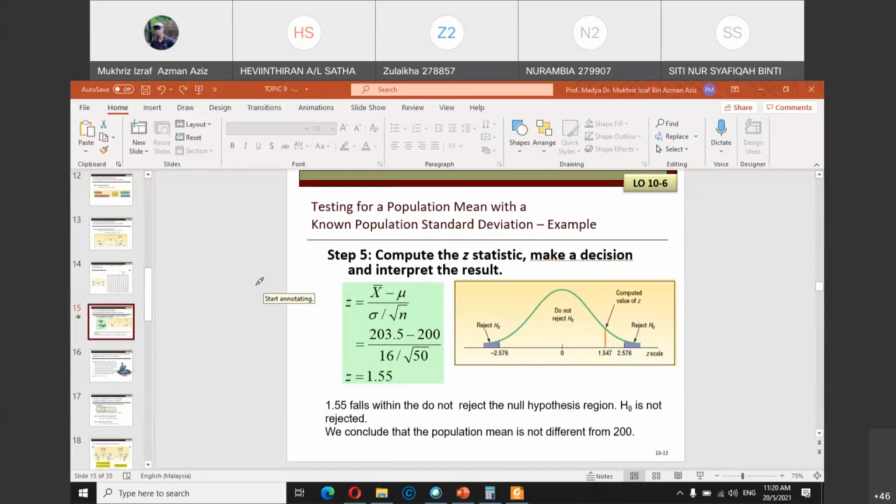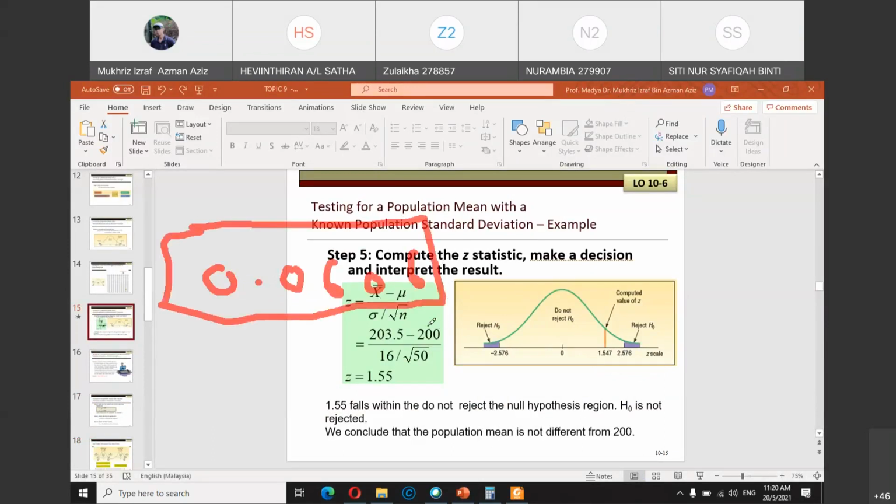When you refer to the Z table for 1.55 and minus that value from 0.5, we get 0.0606. However, you can only say that the p-value is equal to this if it is a one-tail test.